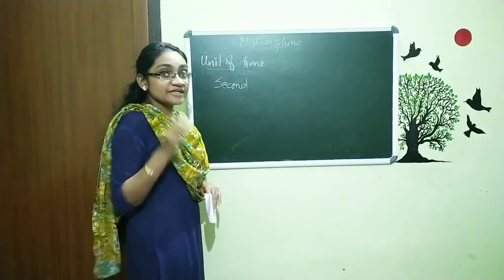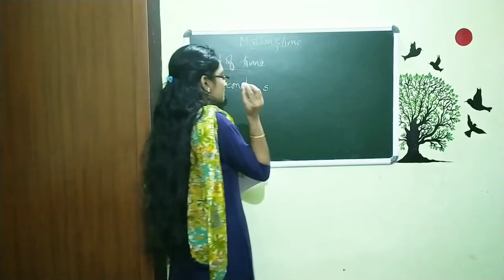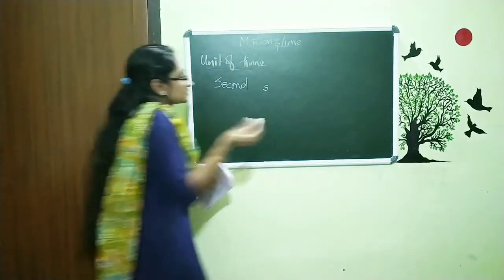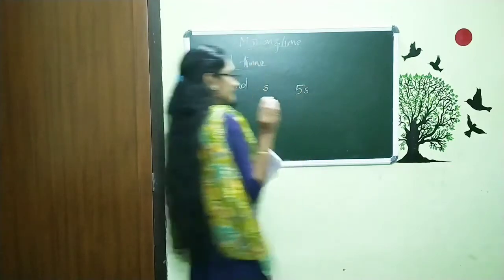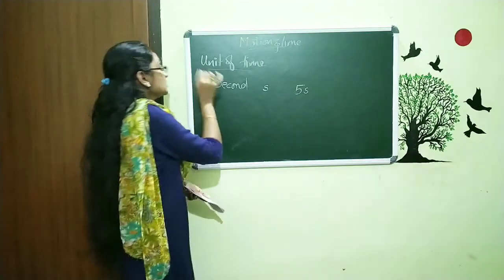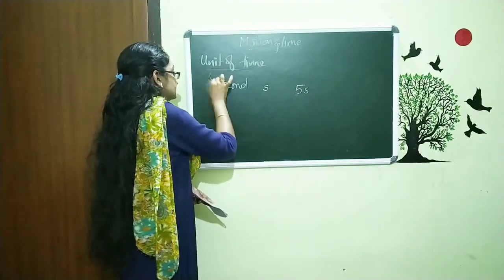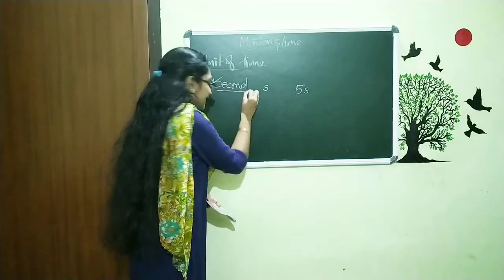We denote this with a small letter s. So when we want to say 5 seconds, it is written like this, 5 s. This is the fundamental unit, or basic unit, of time, and that is second.